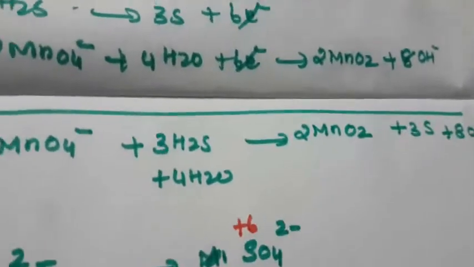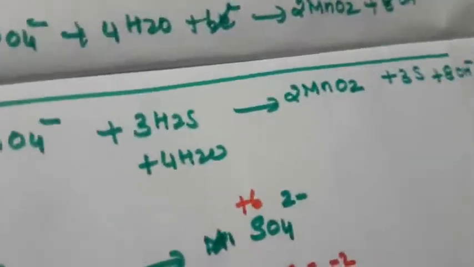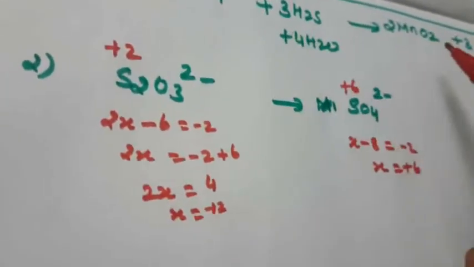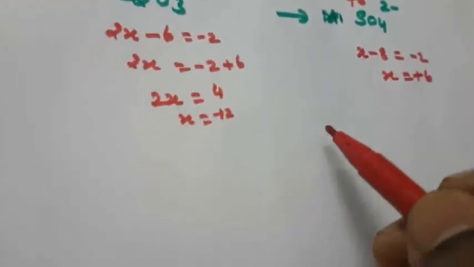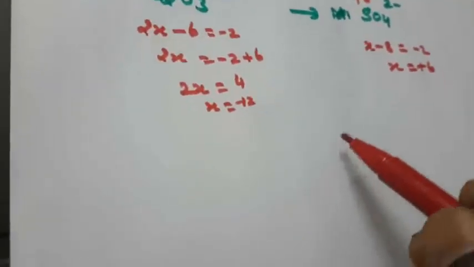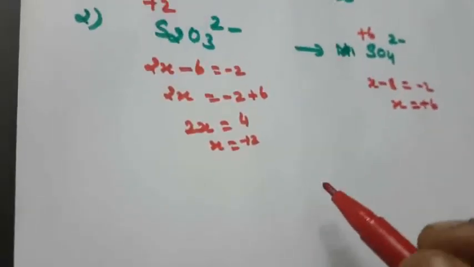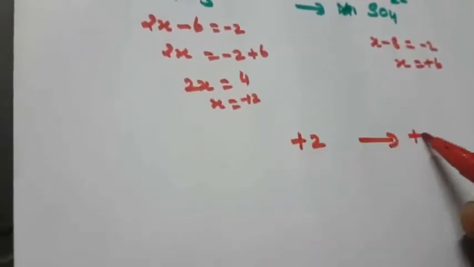So this is the other one. How to calculate that one? So this is the oxidation state, that is plus 2 and plus 6 oxidation state. Then MnO4, how many electrons? Plus 2 is converted into plus 6 oxidation state.